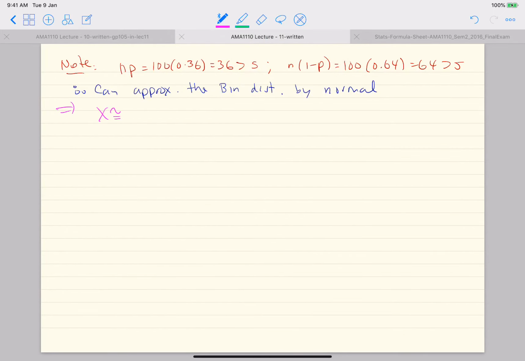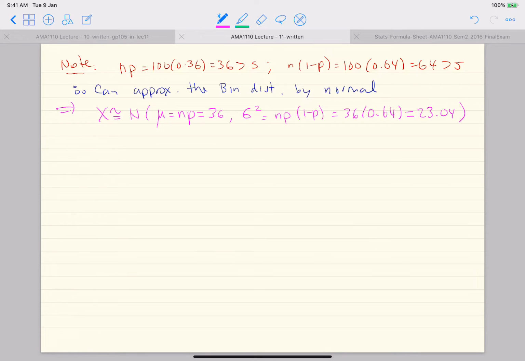So x is approximately normal with mean mu equal to n times p, which we already calculated to be 36, and variance n times p times 1 minus p, which is 36 times 0.64, which is 23.04.